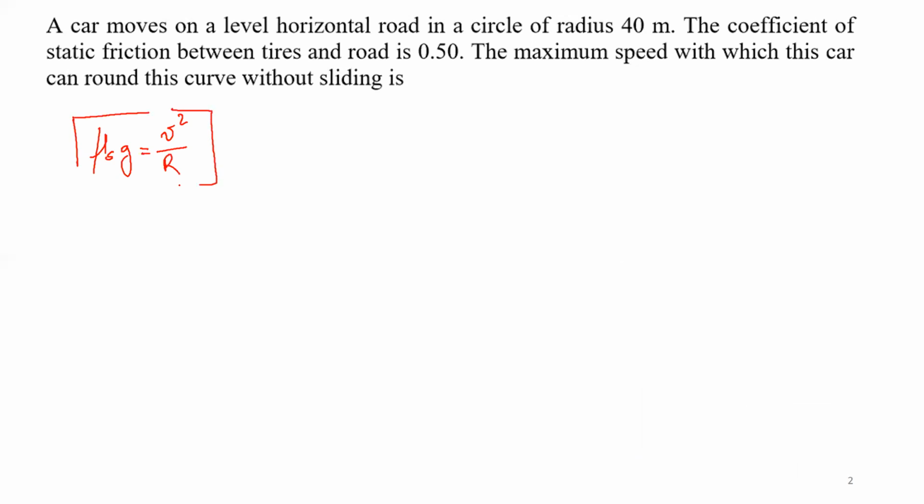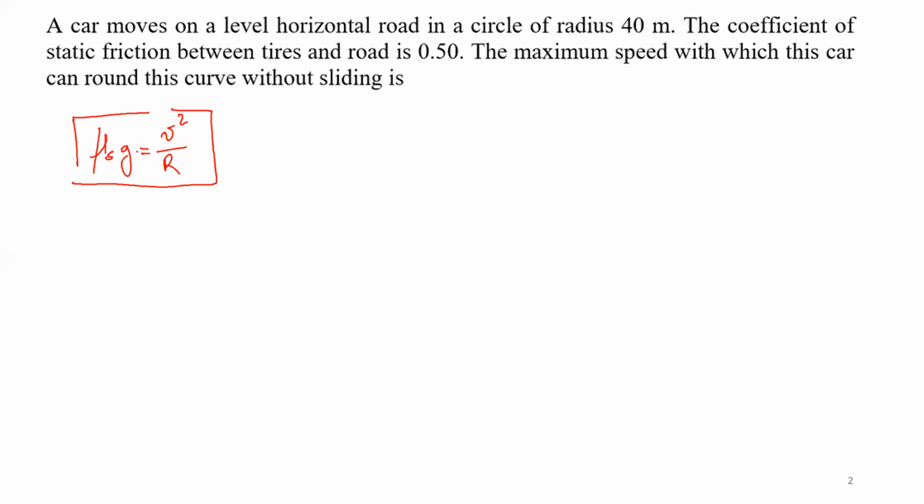Now, in some problems, I will give you v and r, and ask you for mu s. In some problems, like this one, I will give you mu s and r, and ask what is v max without sliding. All you need to know is to put everything in SI units. This g is in meters per second squared. So if I give you a speed in kilometers per hour, you put it in meters per second. If I give you a radius in kilometers, you put it in meters.